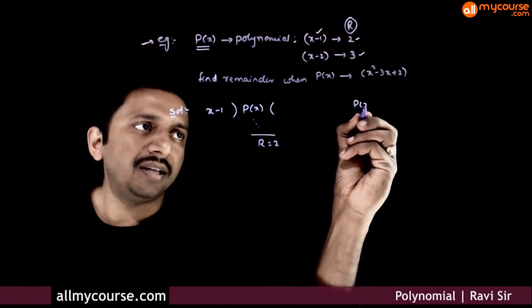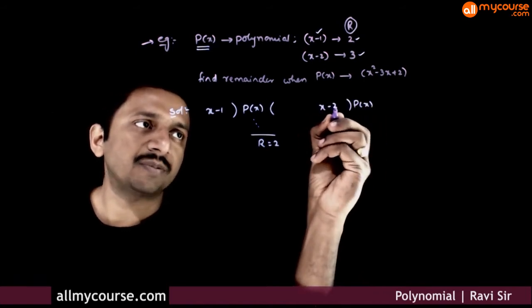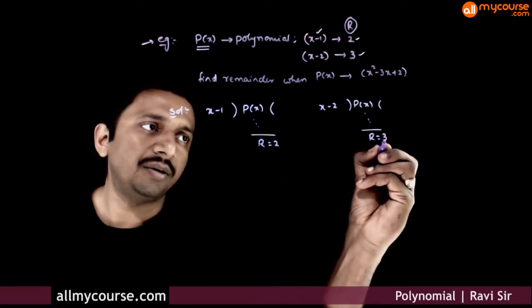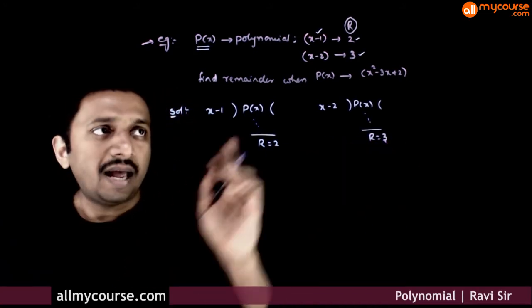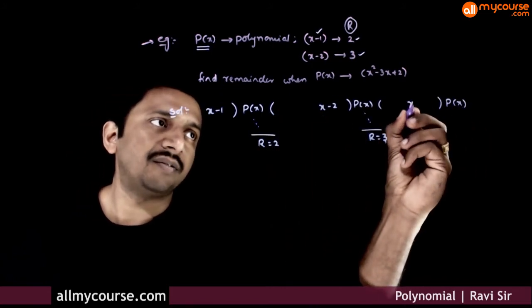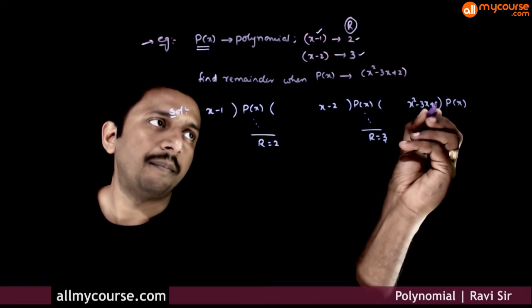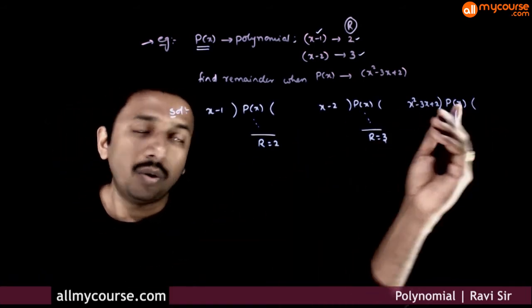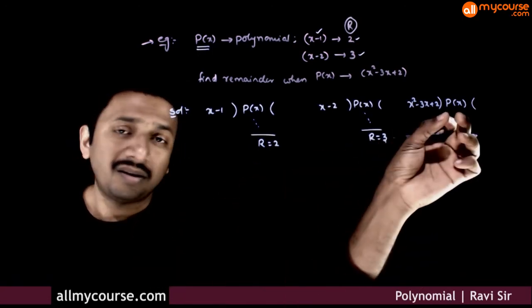Similarly, if p of x is divided by x minus 2, the remainder is equal to 3. And you're asked to find the remainder when p of x is divided by x square minus 3x plus 2. So we don't know the remainder in this case.